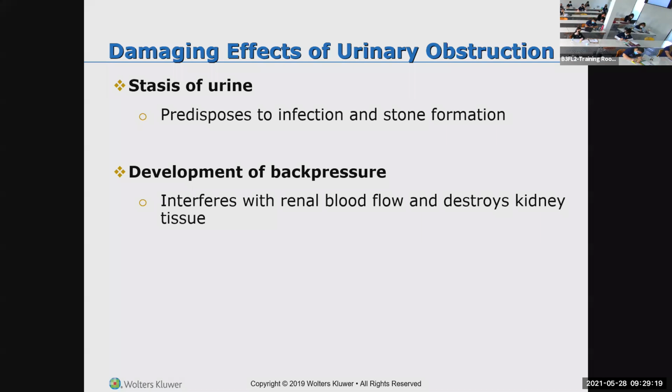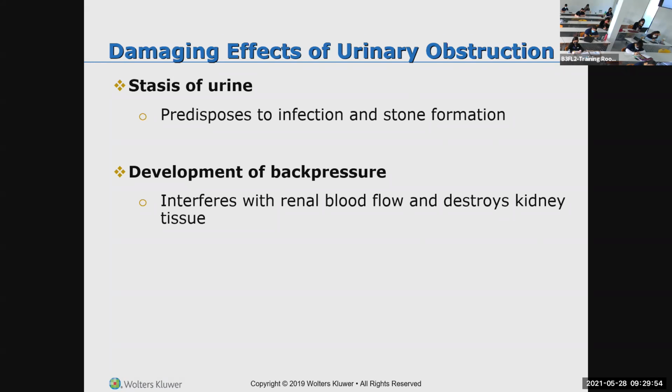Now, the damaging effect when obstruction occurs. Stasis of urine, because of the obstruction, urine becomes stagnant, and that predisposes to two things over here. One is UTI, the other is stone formation. Obstruction leads to UTI, urinary tract infection, and predisposes to stone formation.